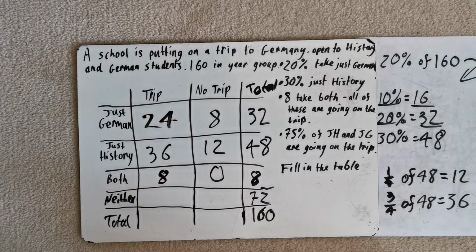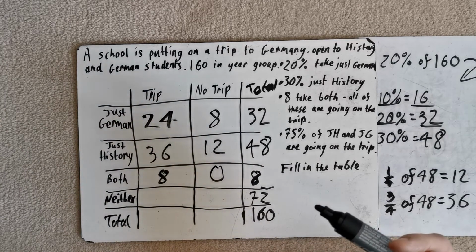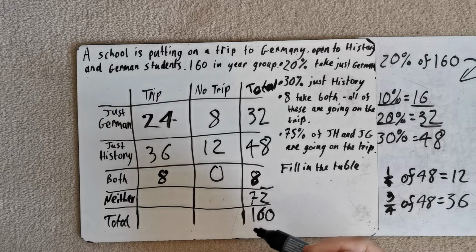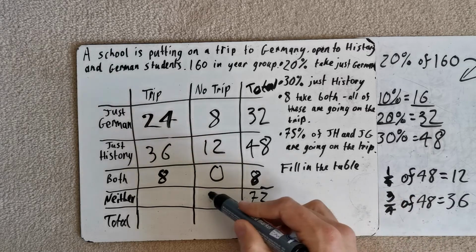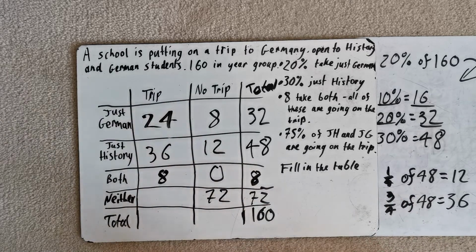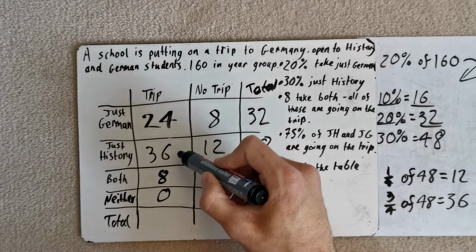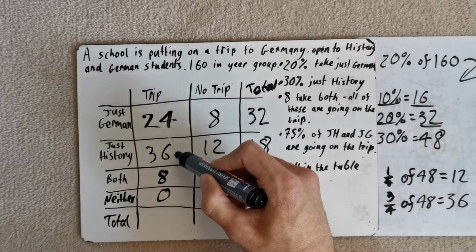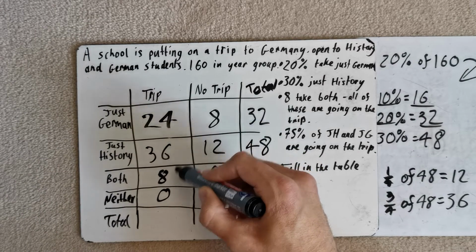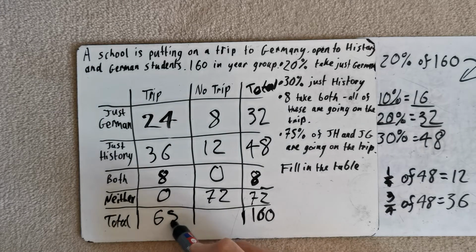Okay, now of course these don't take either history or German. So that means that all of these people won't be going on the trip. So 0 on the trip there. Right, so 24 add 36 would give you 60. Add the 8 would get 68 there.